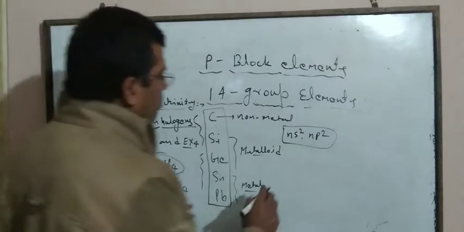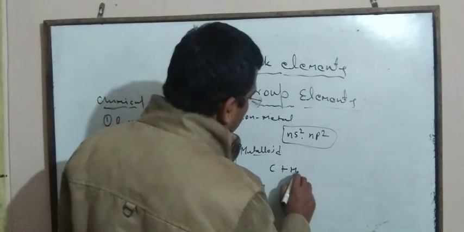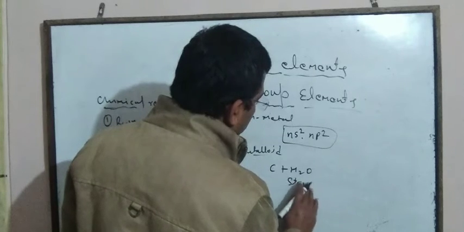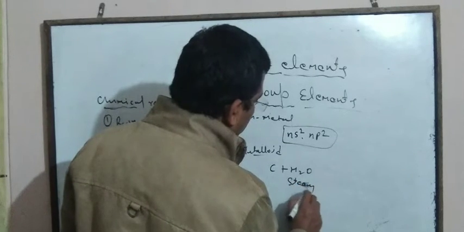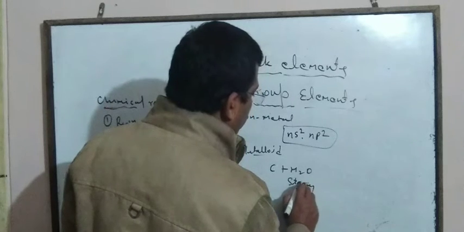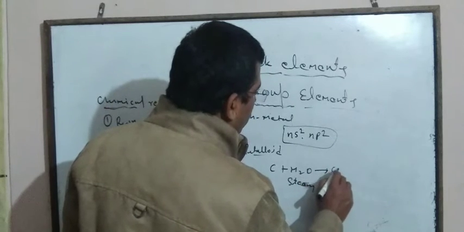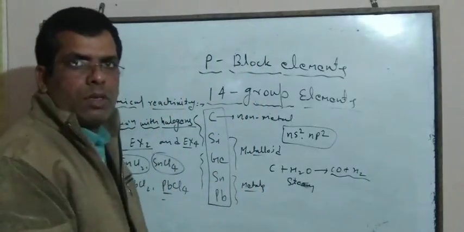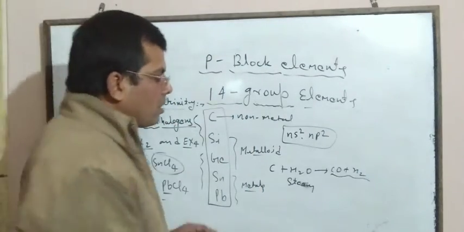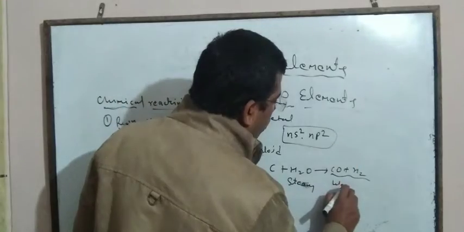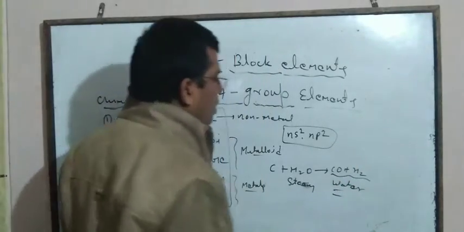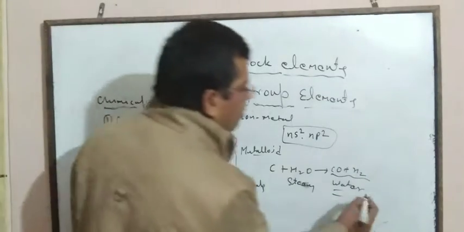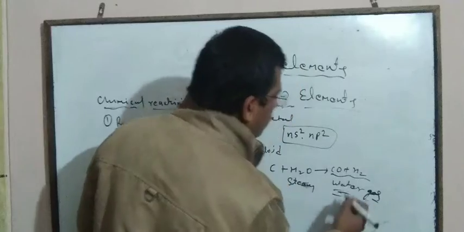Like carbon reacts with steam or hot water to form CO plus H2, a mixture of CO plus H2. This mixture of carbon monoxide and hydrogen gas is known as water gas.